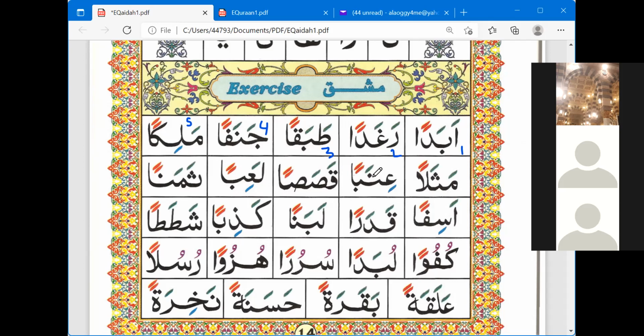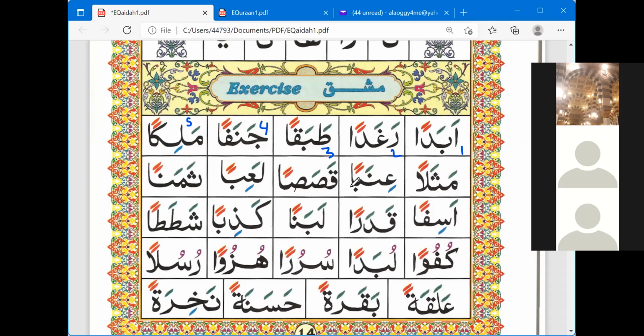Ain kasra. Nun fataha, na. Ba fatihatenin, ban. All together: Inaban. I want somebody to ask me a question, but none of you asked. Let me ask you. I said you should ignore this alif here for now. Do you think we can pronounce the tenween and at the same time merge together? Give me a try. Ba fatateni alif... we can't do it.